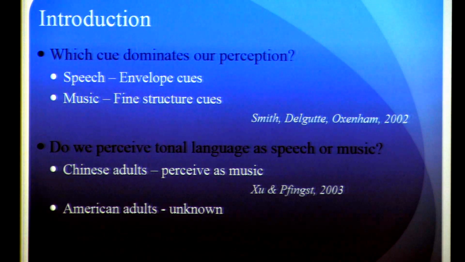The fine structure cues dominated a listener's perception when 16 or fewer filter banks were used. These findings indicate that envelope information dominates our perception of non-tonal human speech, whereas music or pitch perception is dominated by those fine structure cues.